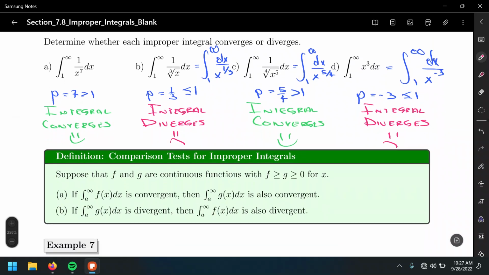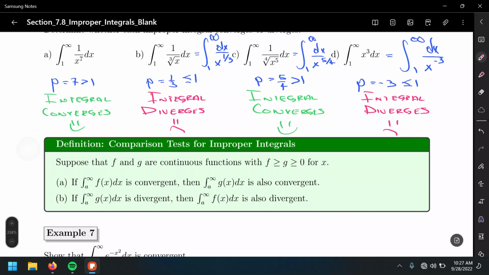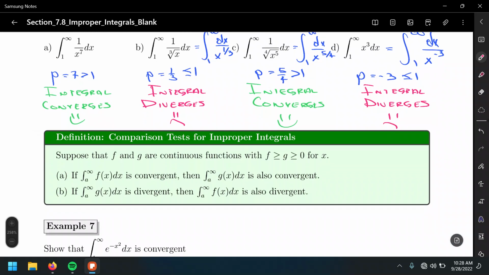And the last topic in this section about improper integrals is the comparison tests for improper integrals. Here we're going to have two integrals. One integral is easy to determine its convergence or divergence by just looking at it, and that's going to be the test integral. On the other hand, we're going to have a problem integral that is impossible to integrate with the methods that we know.